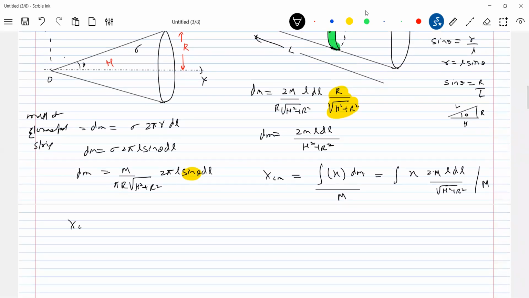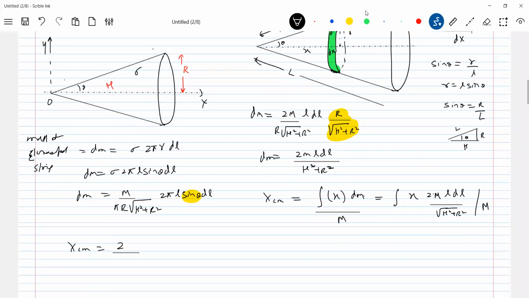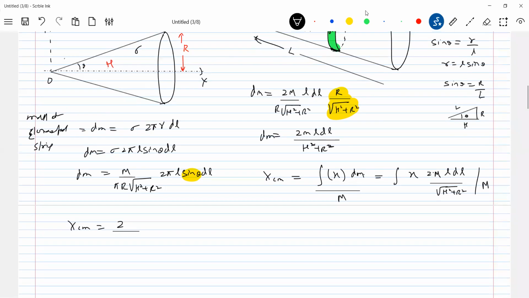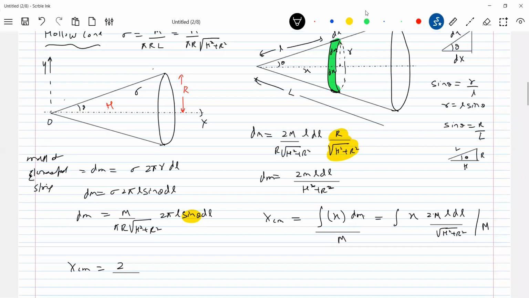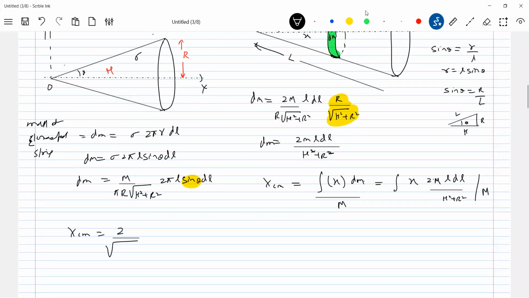So the xcm should be equal to 2 by... one more thing, we have to replace dl, no? What can dl be? It will not be root over h plus r square; the root will not be there. Take it on this one. So 2 over root of h square plus r square, x L dl.